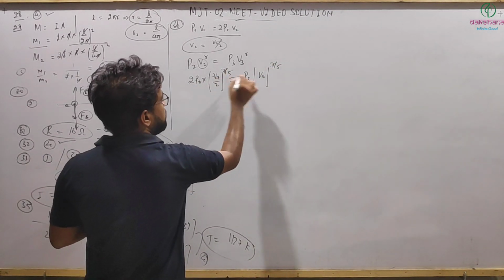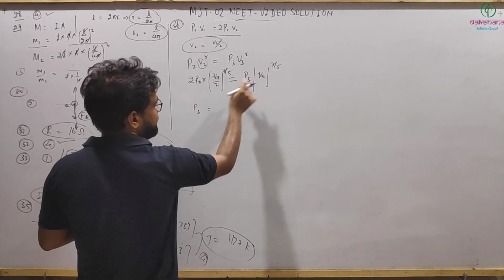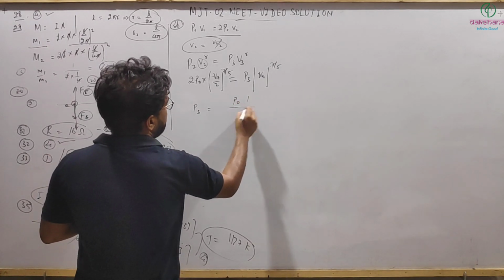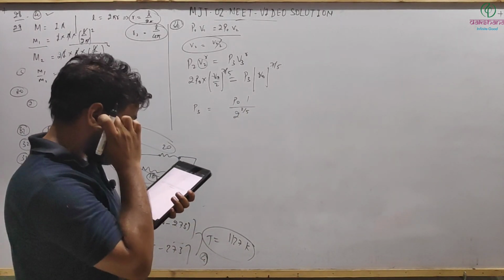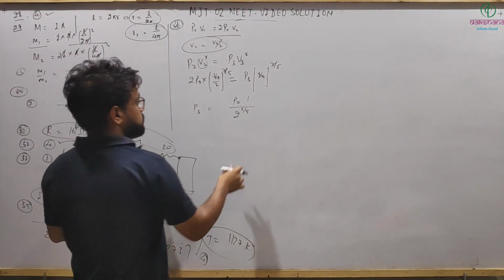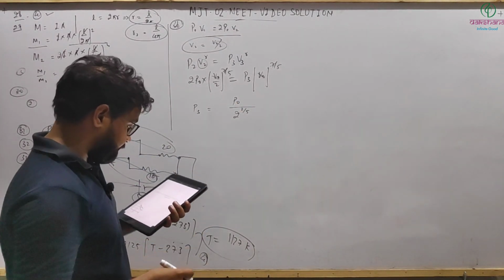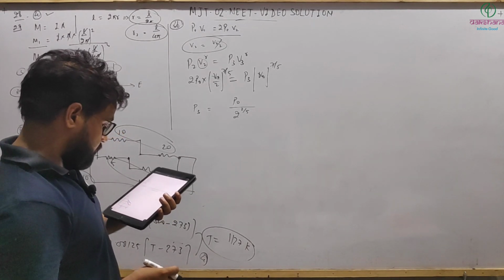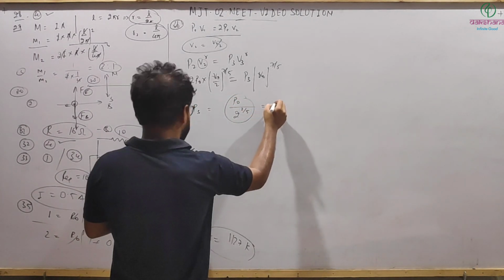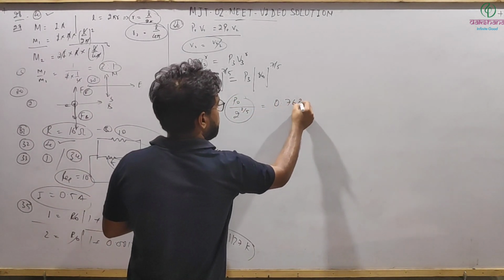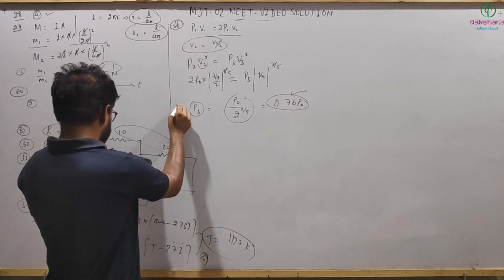Simplifying it, this P3 is coming out to be P naught into 1 by 2 power 2 by 5, right? Solving it, this comes out to be 0.76 into P naught, this is the pressure P3, matching with option number 2.